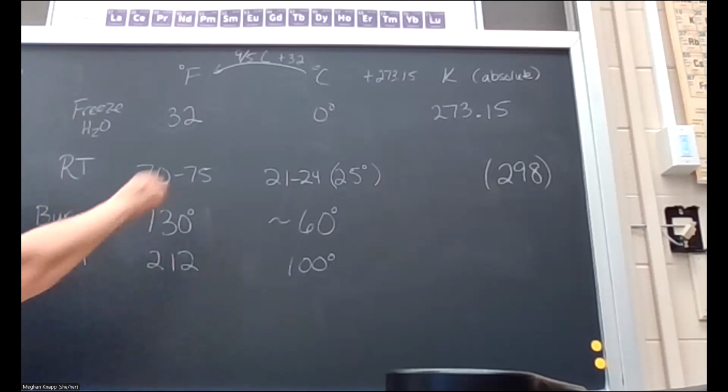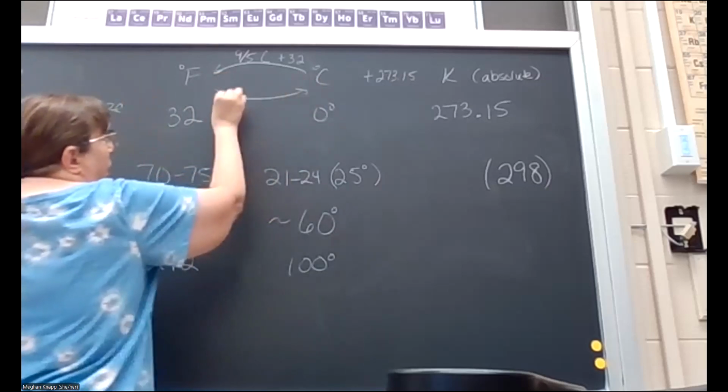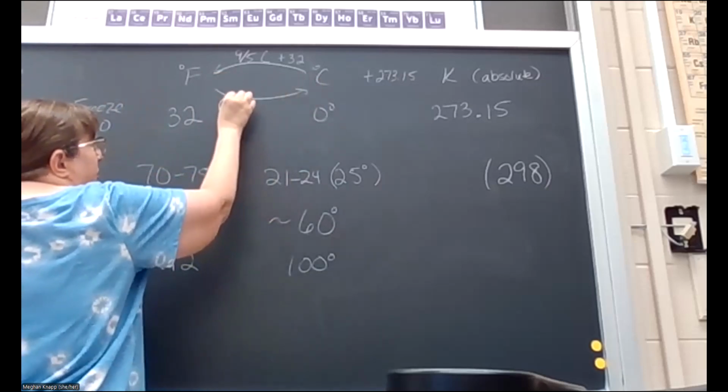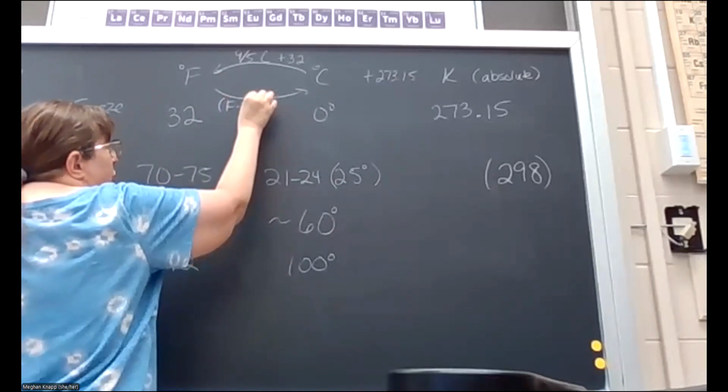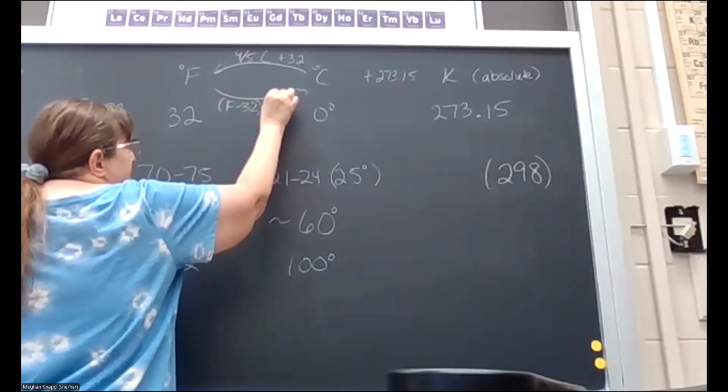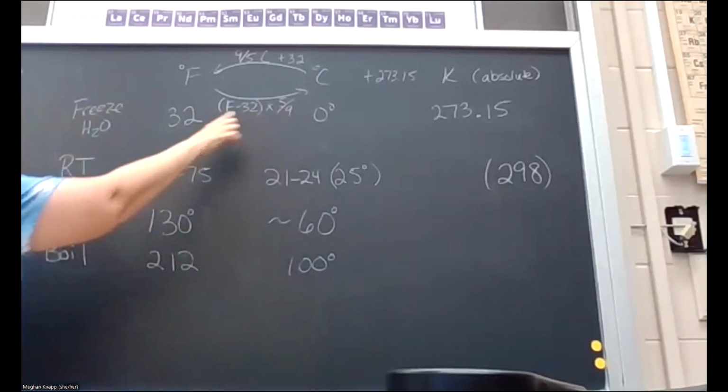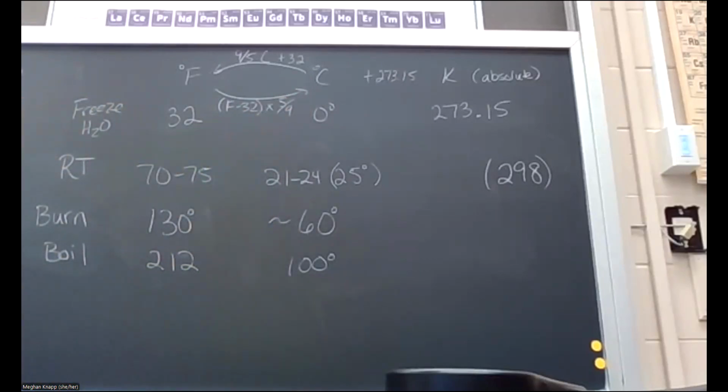If I'm going to go in the other direction, I'm going to do the Fahrenheit minus 32 times 5/9. Now notice the Fahrenheit minus 32 is in parentheses. Our order of operations, you might have learned PEMDAS, or please excuse my dear Aunt Sally, the P is parentheses. That's the very first thing we do.